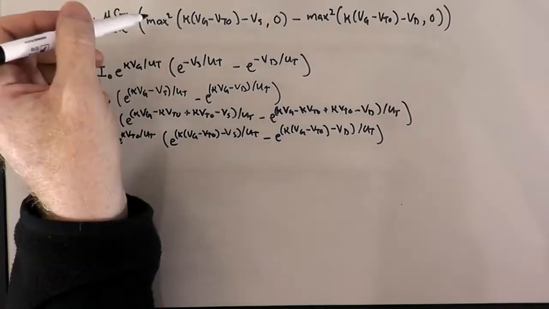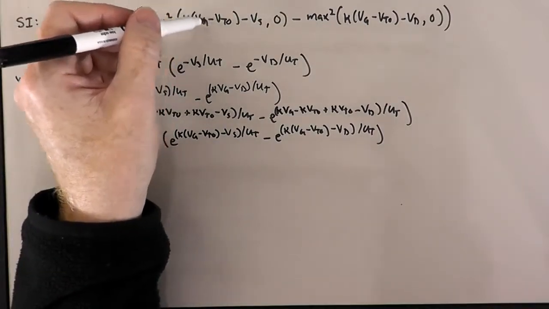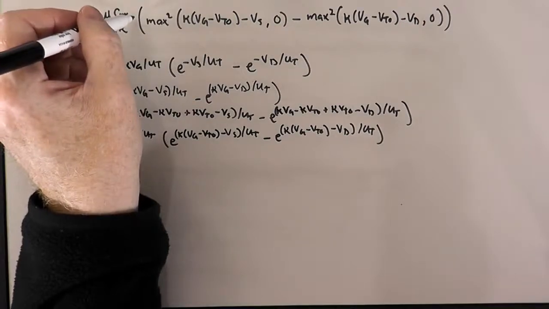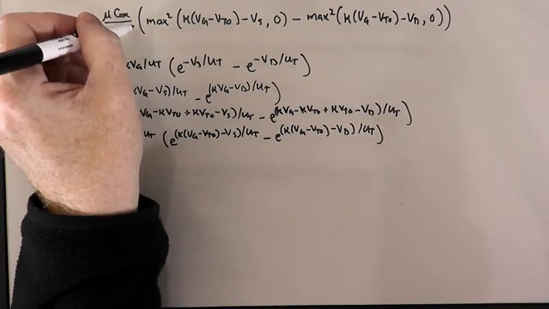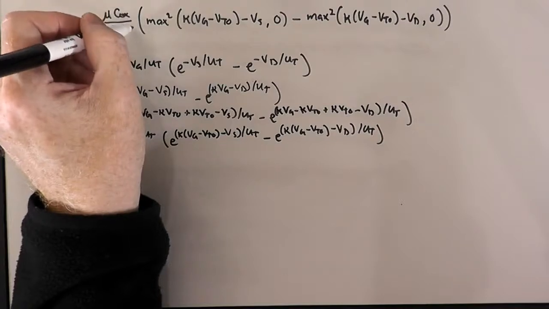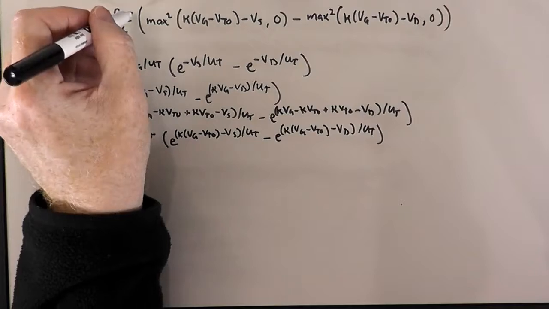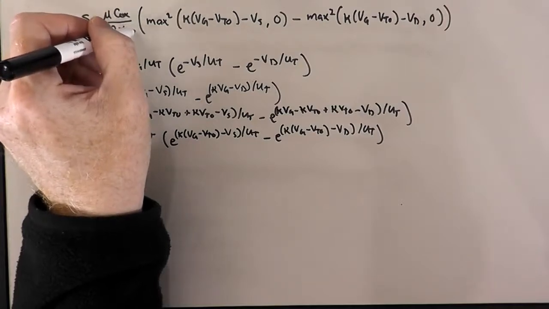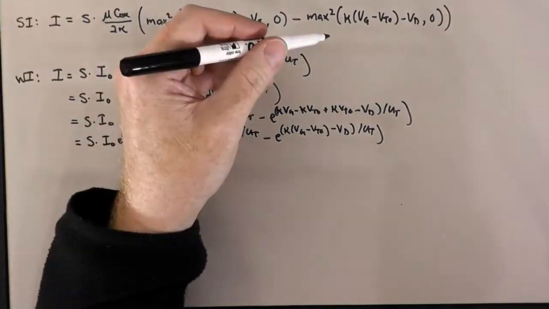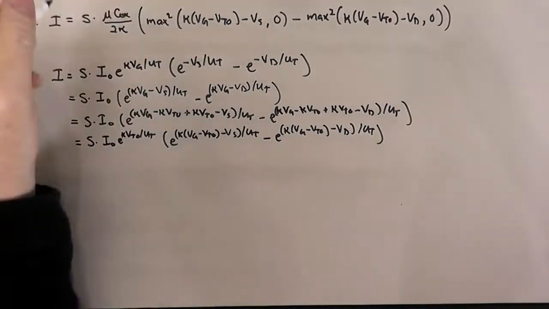And if we like, we can even put a 1 over Ut in here by multiplying top and bottom by unity in the form of Ut squared over Ut squared. We'll keep the Ut squared upstairs in the prefactor, and we can take the 1 over Ut squared, distribute it through, and then put it inside the max as follows.